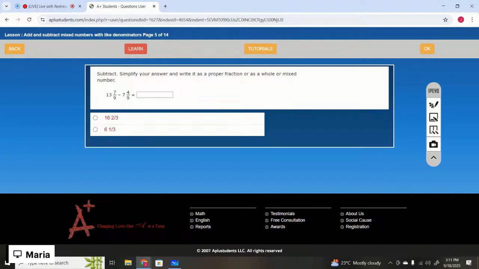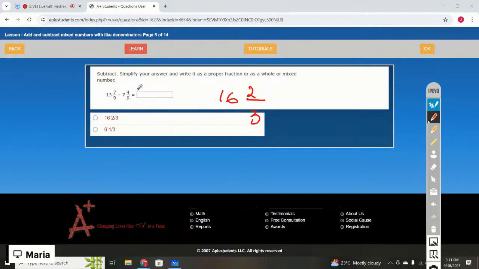Thirteen whole 7 over 9 minus 7 whole 4 over 9. Thirteen minus 7 is 6. 7 take away 4 is 3.